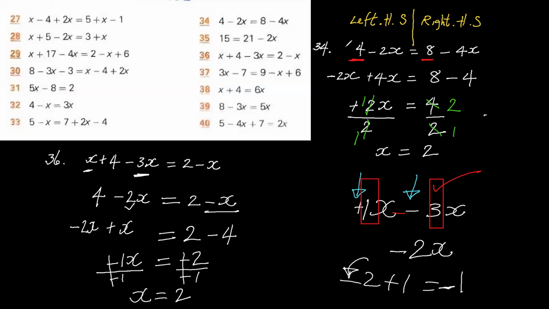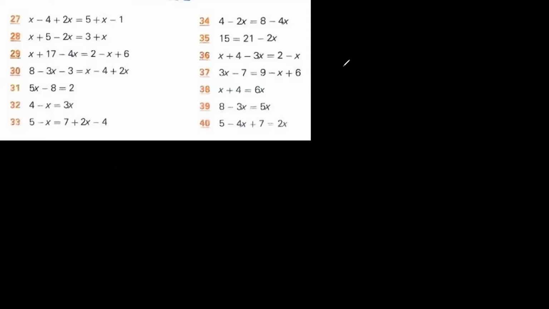All right, so let's move on to number 37. So it's 3x minus 7 equal to 9 minus x plus 6.